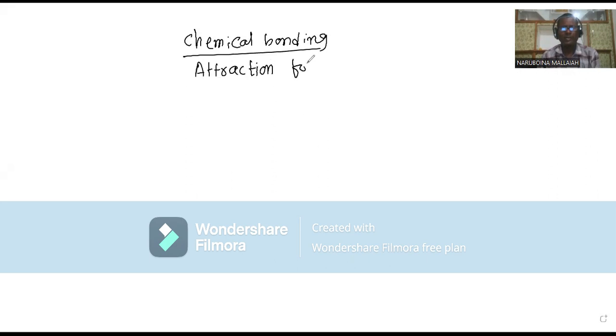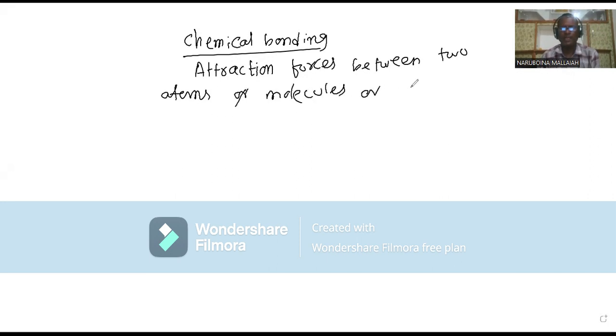Attraction forces between two atoms or two molecules or ions is called chemical bonding. To understand the chemical bonding concept, we have to observe the configuration of inert gases.